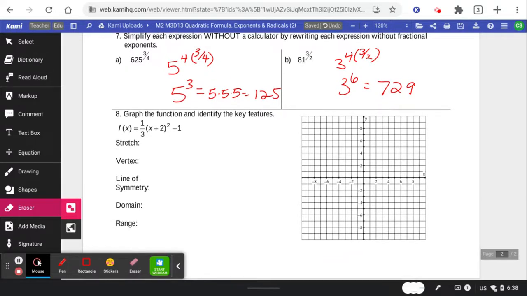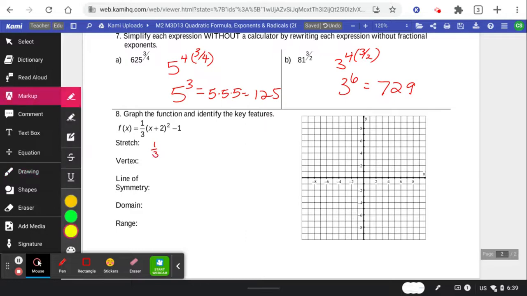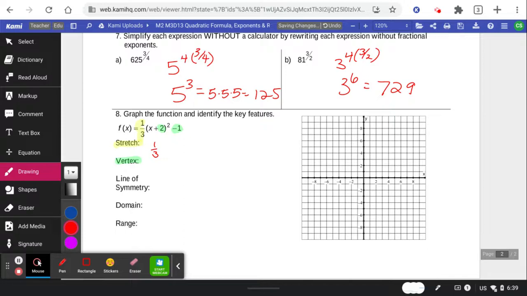All right, last but not least, graph this function, getting all these parts. So my stretch, you got it, is 1/3. My vertex is right here and right here. So that is -2, -1.